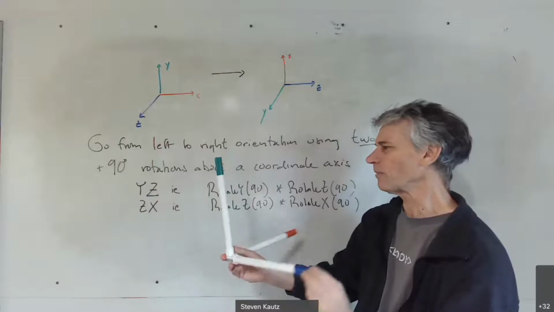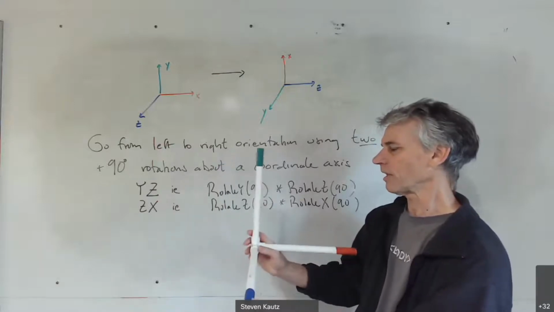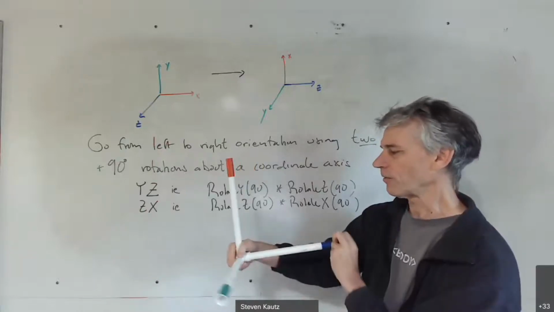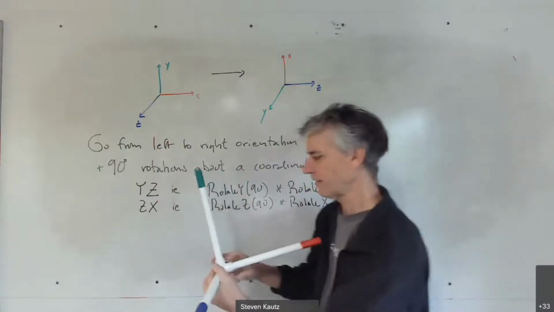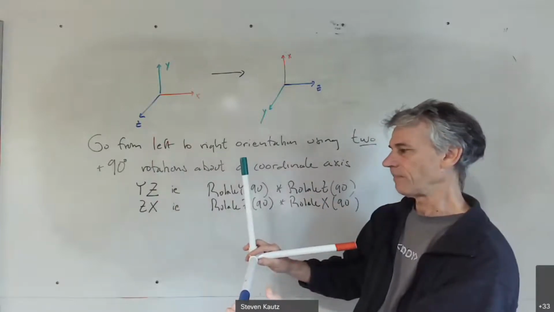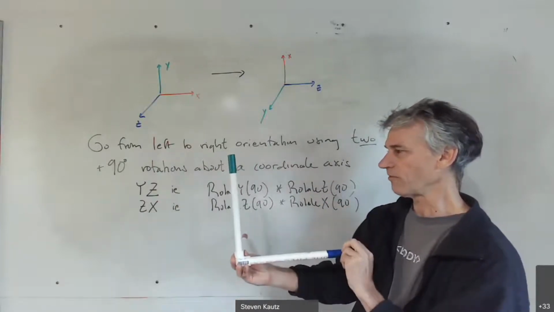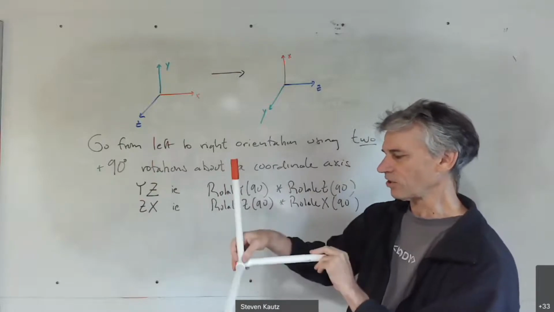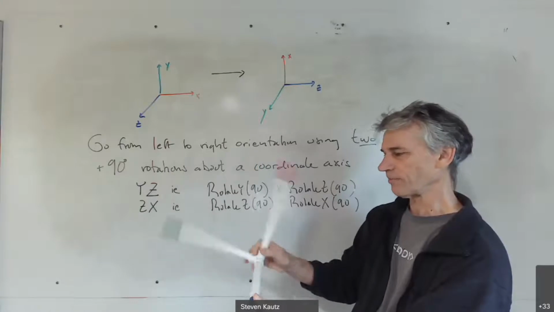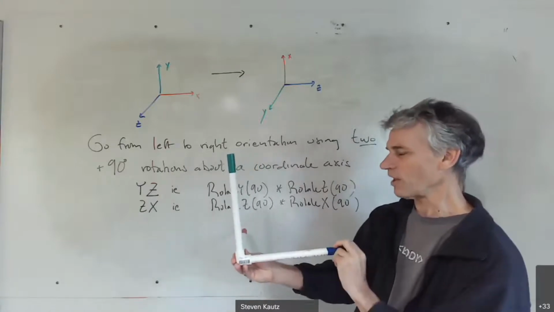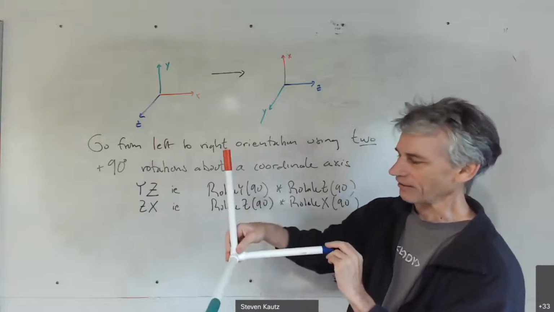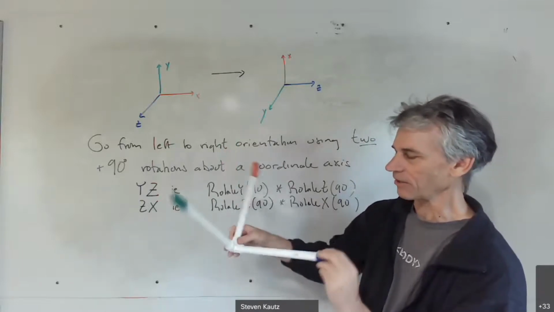So the y rotation. Okay, so this is a z rotation first, y rotation on the left. That's this. The other thing we could do is to say I have a y rotation and then a z rotation on the right. I could also say a y rotation and an x rotation on the left would be another way to describe that.